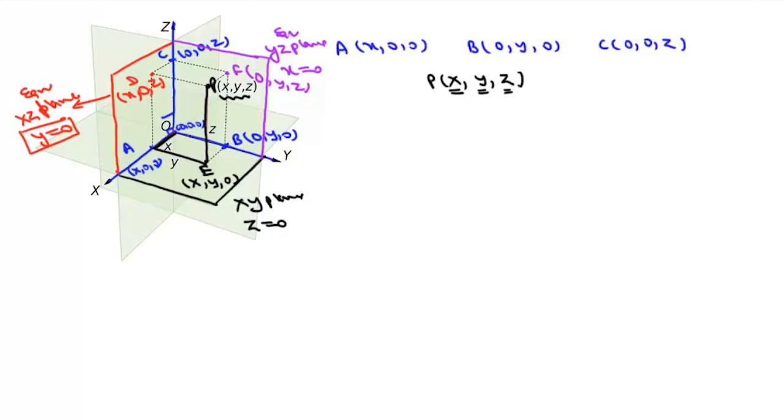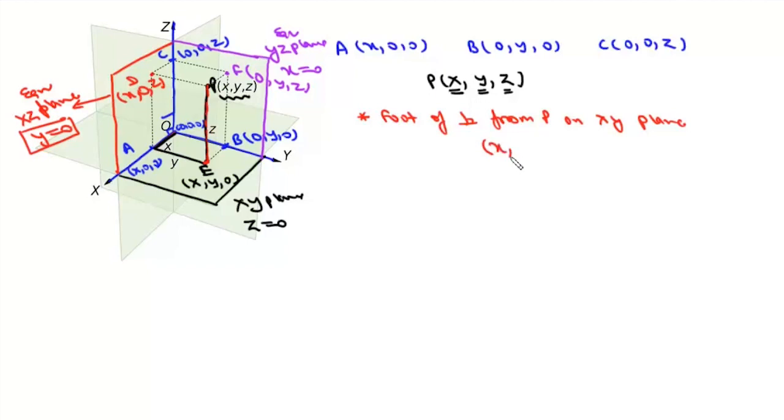Now if we find foot of perpendicular from P on xy plane, the foot of perpendicular from P on xy plane is this point E, and on xy plane the z coordinate is 0.